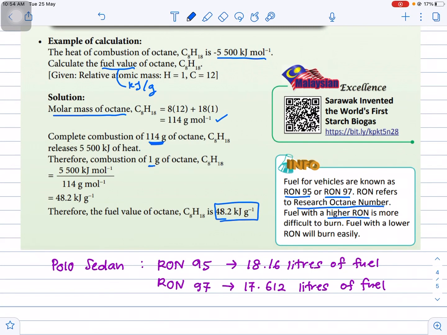But this is not for all types of cars, normally it is for certain types of cars. Some cars are suitable to use RON 95, some cars are more suitable to use RON 97. It depends on the engine used in that car. So you have to check the manual for which one is safer for your money.